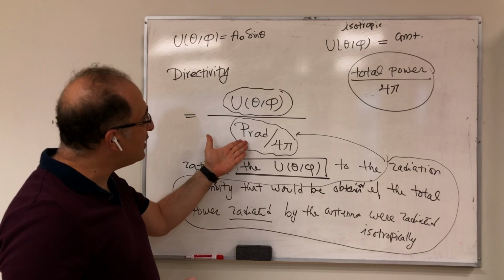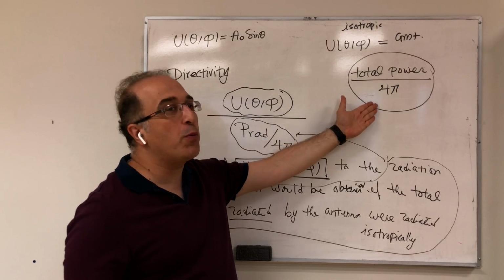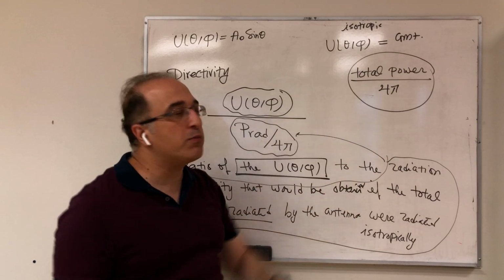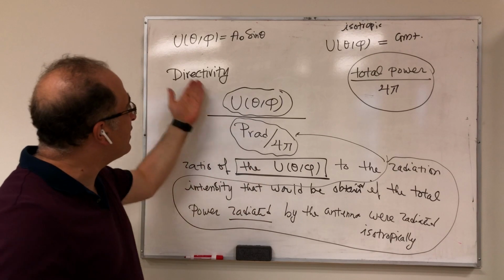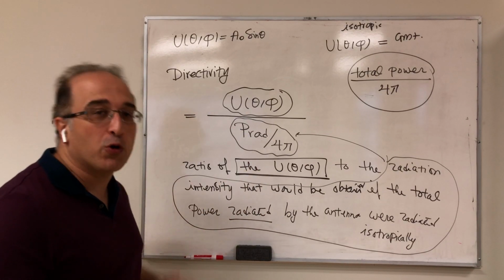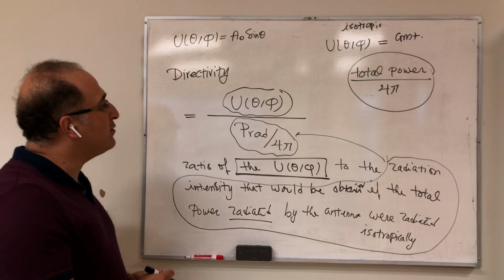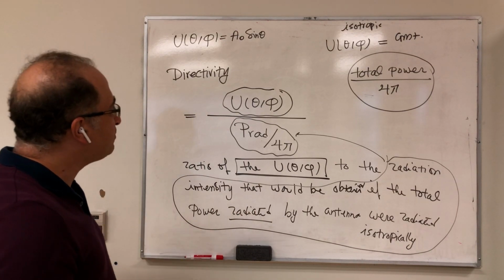Now, radiation intensity of an isotropic antenna is total power divided by 4 pi. Now, the question is what you're going to put for total power. Then directivity says, assume the total power radiated by your own antenna. So that would be P radiated divided by 4 pi.